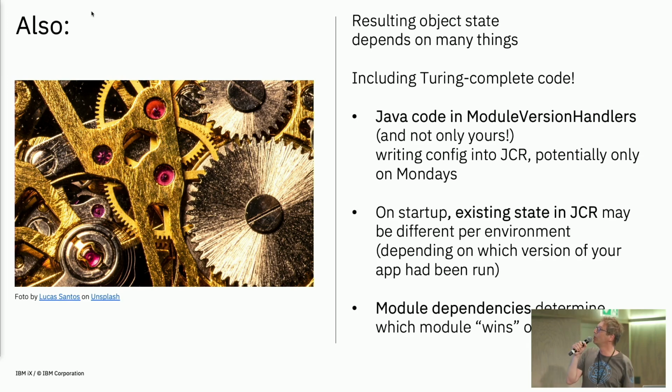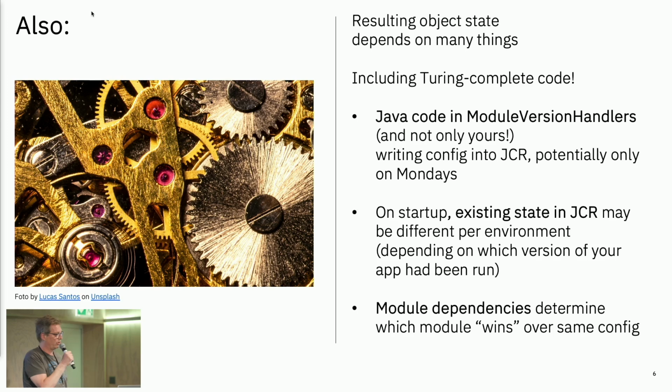There's also a number of other factors that come into play with Magnolia configuration. It's not only serialized Java object state, but it's also Turing complete code. For example, your module version handlers, which don't necessarily need to be only yours.